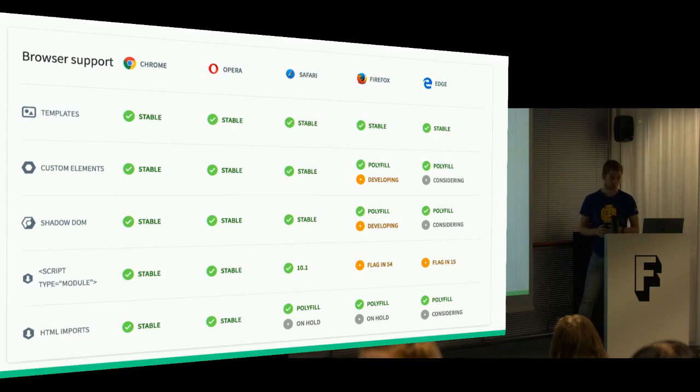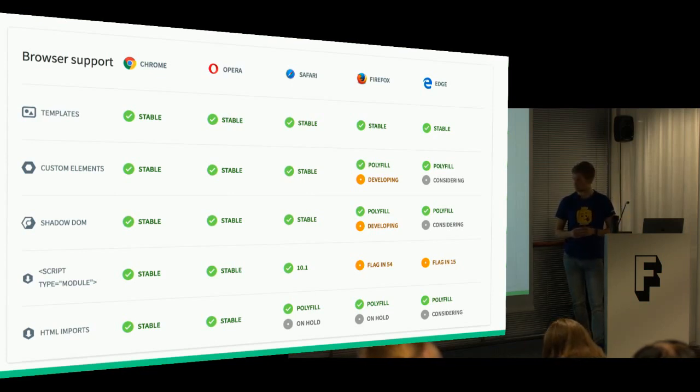And at the same time, engineers at Google who are building Polymer and so on have discovered that this HTML import style doesn't really work with other JavaScript frameworks or doesn't really solve any new problems.